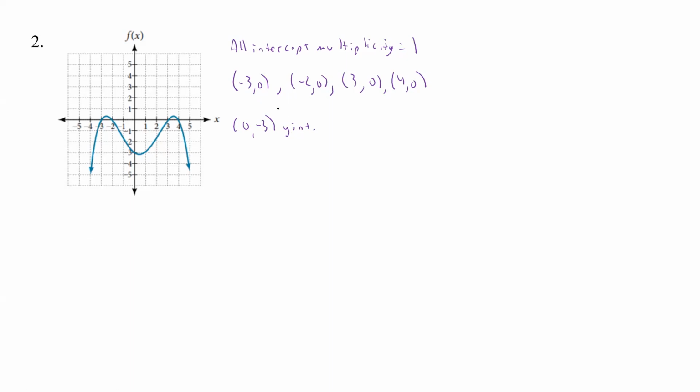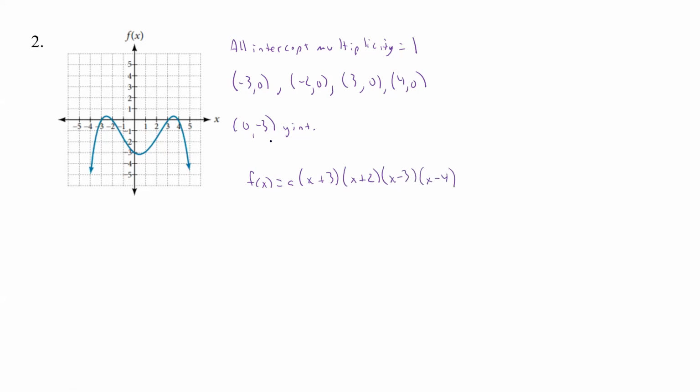All right, so when I do this, now I have to plug in all of those things and then solve for a. So f of x equals a times, now if I plug that in, that's going to be (x plus 3), then (x plus 2), then this one's going to be (x minus 3), then (x minus 4).